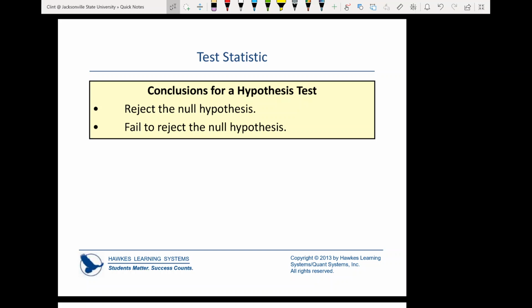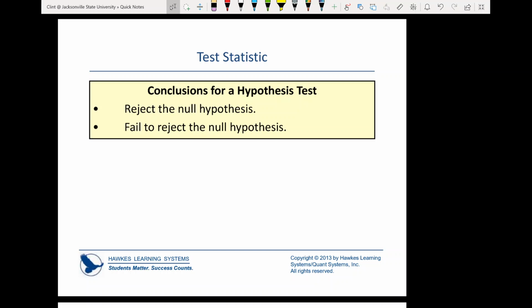We'll say there's evidence in favor of the alternative hypothesis. If we don't get that good statistically significant evidence, then we fail to reject the null hypothesis. Okay? These are the only two conclusions that are possible when we're doing a hypothesis test.